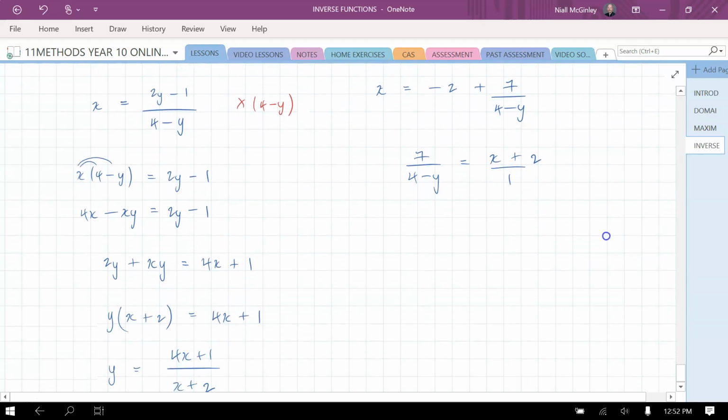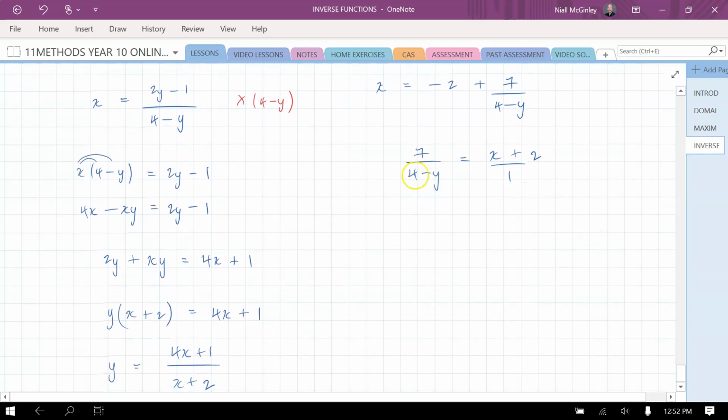Then, what you can do simply here is cross multiply. So the 4 minus y and the x plus 2 swap places. So you're going to have 4 minus y equals 7 over x plus 2.